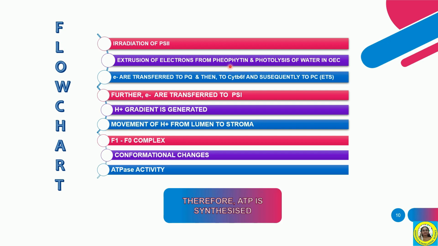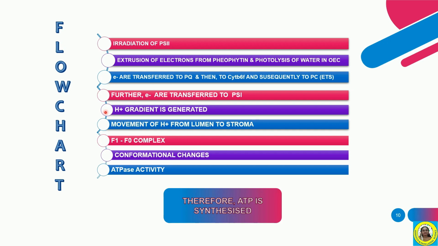The third step is that electrons are transferred into PQ, then into cytochrome b6f, and subsequently into plastocyanin, and this represents the ETS. Further, electrons are transferred to PS1, and then through some protein complexes, and finally an H+ gradient is generated, which will help in the synthesis of ATP.